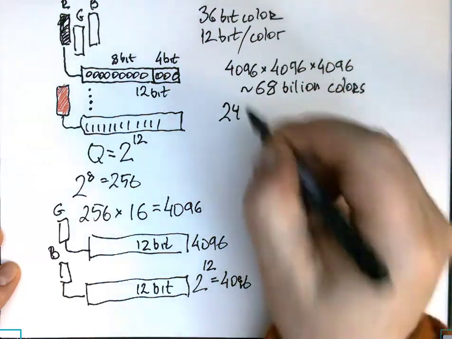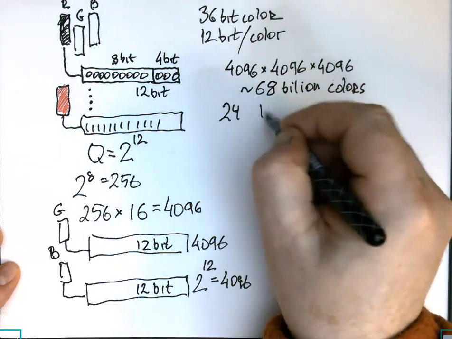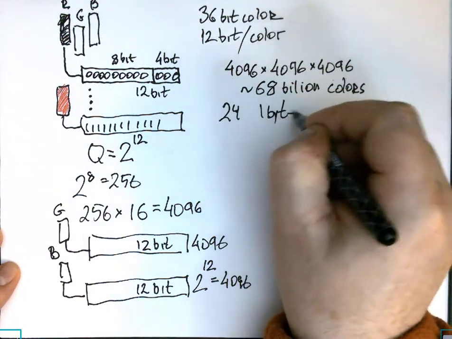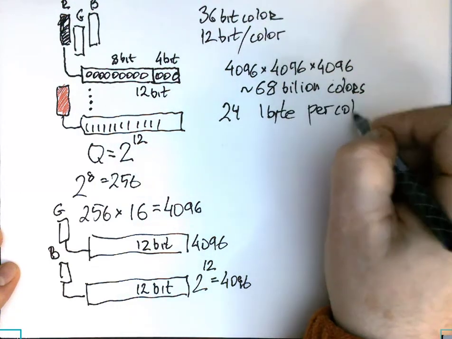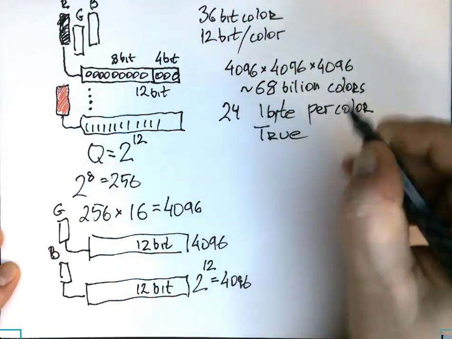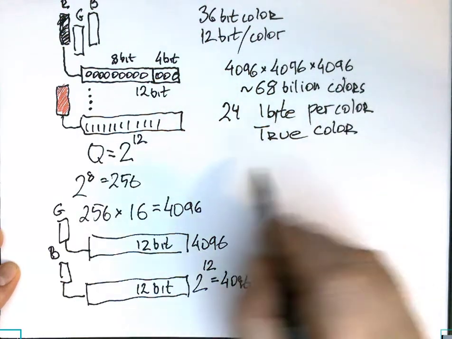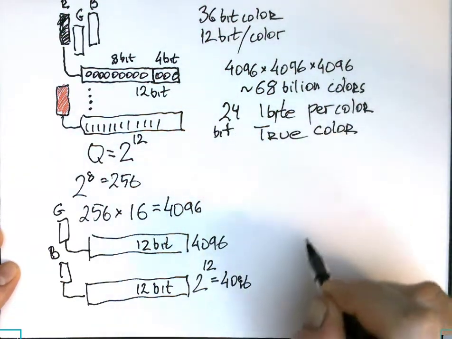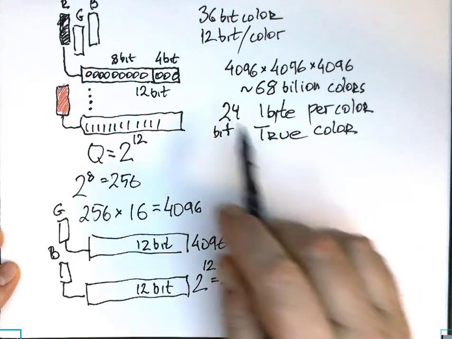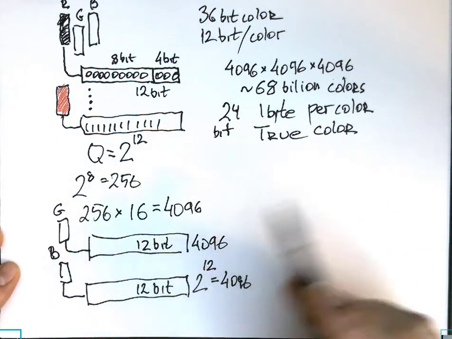I would like to tell you that the 24-bit color that I told you about, folks, utilizes 1 byte per color, also named true color. It's an old name, true color. Of course, 24-bit color, this name is quite old, so it's not really true color.